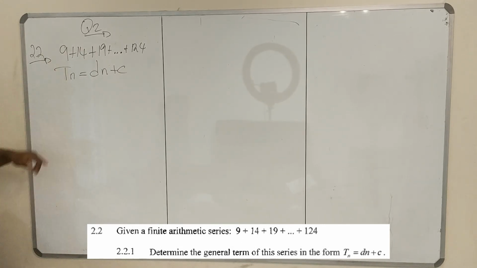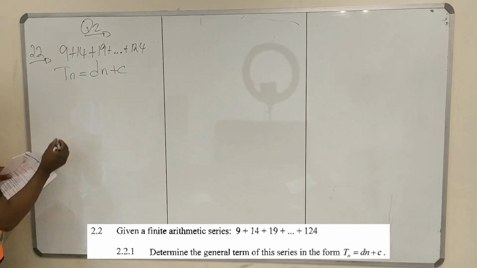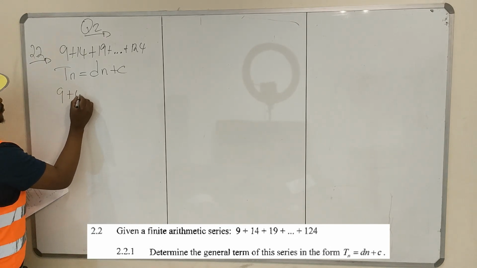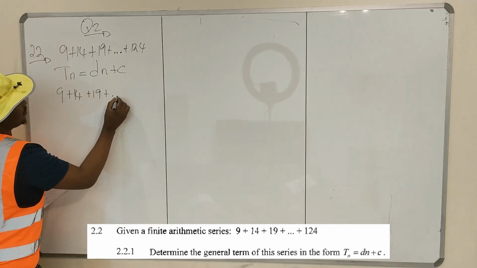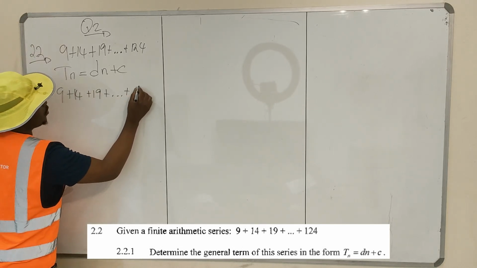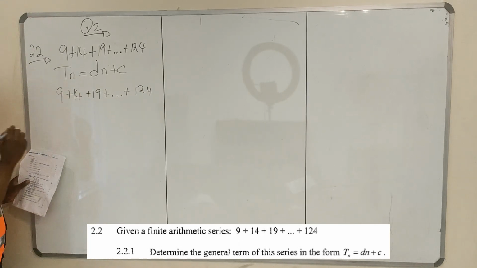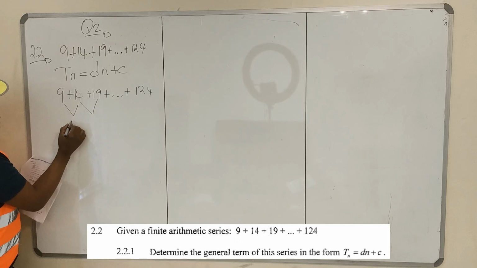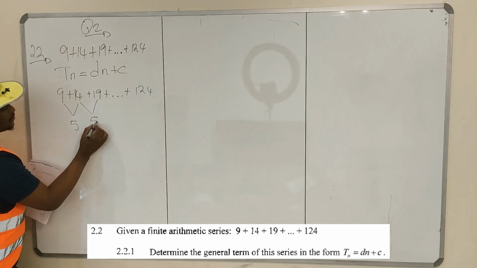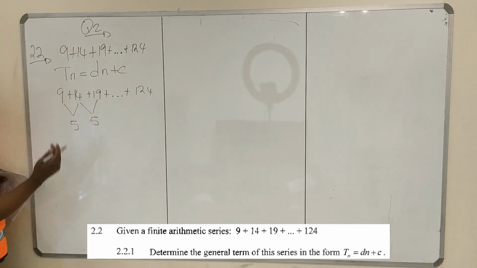Right? So what do we have? We have 9 plus 14 plus 19 plus whatever up to 124. Happy? This minus this minus this, so it's 5, right? Yes. So this is an arithmetic series.